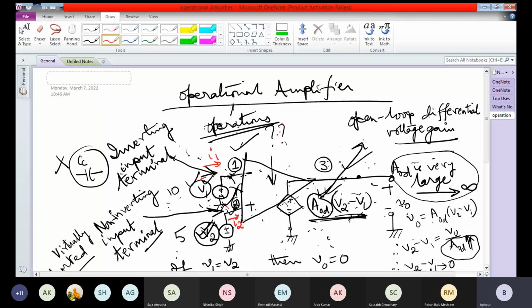We can write I1 is equal to 0, I2 equal to 0, because the input resistance seen by the voltage sources V1 and V2 are infinite. So the input currents to the inverting and the non-inverting input terminals, input terminals 1 and 2 to the operational amplifier, are both 0.